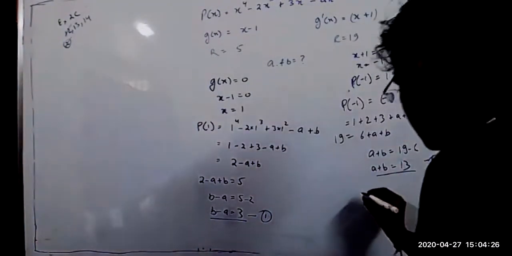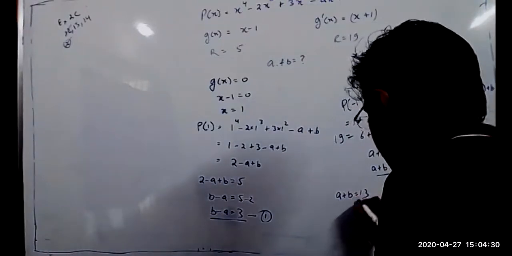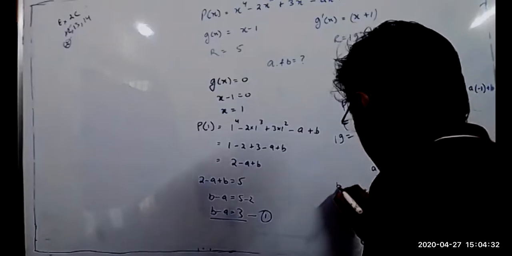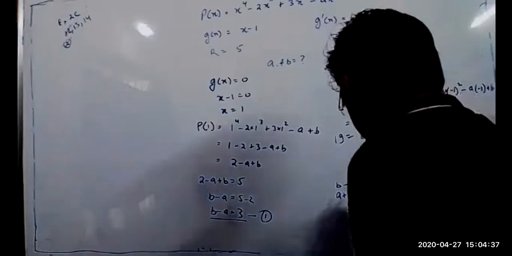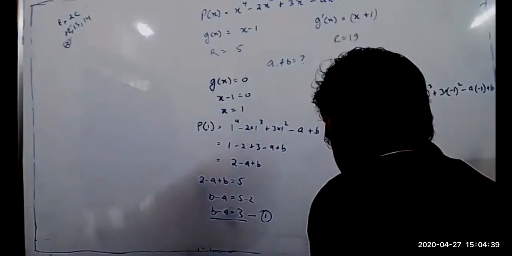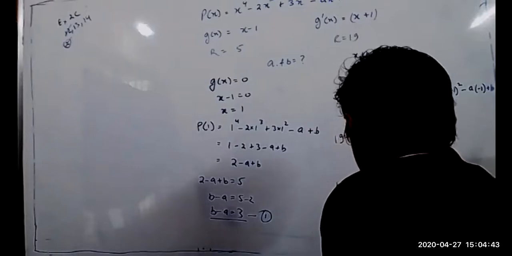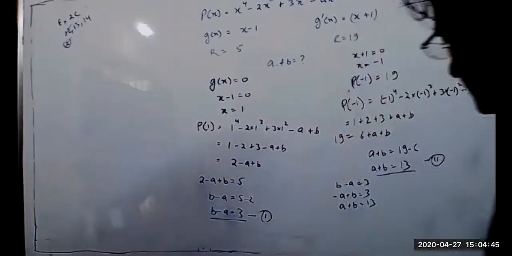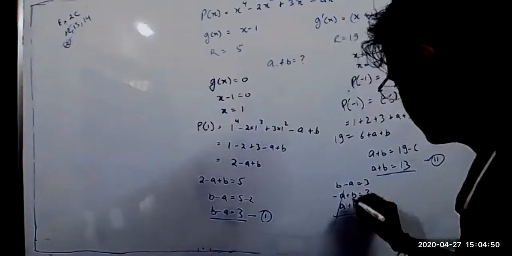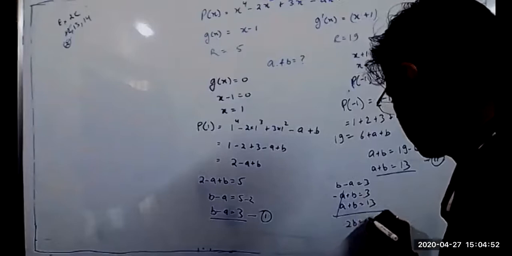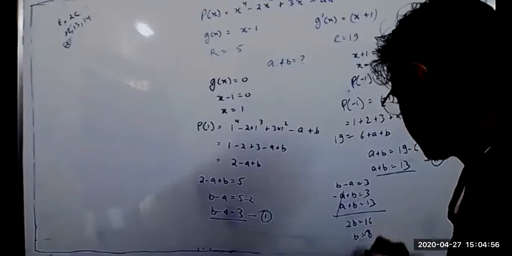So equations 1 and 2. So a plus b equals 13 and b minus a equals 3. Or we can say minus a plus b equals 3 and a plus b equals 13. Can we write like this? Yes, sir. This gone, 2b equals what? 16. b is equal to 8.